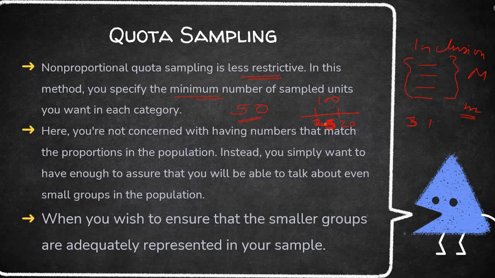So 25 from the majority, 25 from minority group 1, 25 from the third group. What you are doing here is trying to ensure that there is adequate representation of different portions of the population. That is what you are interested in: adequate representation of the members or the categories in the sample.